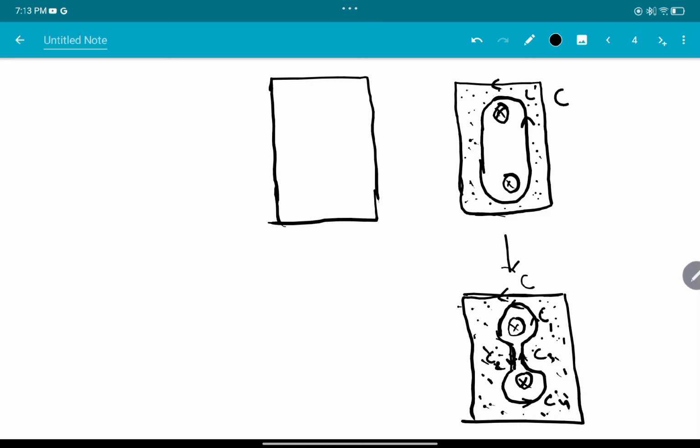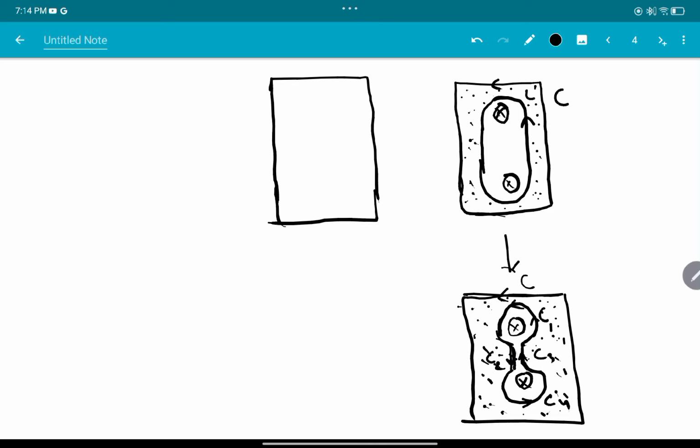So this means that this piece of the path is not relevant to us. Ultimately, since we can squeeze this more and more so that this end and this end come closer and closer, these two are reduced to a single line, and that single line can be done away with because its contribution cancels out.